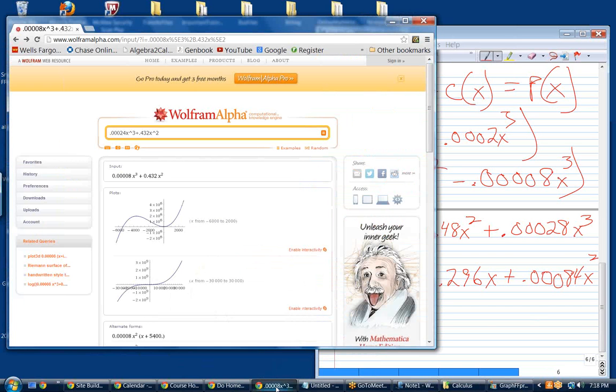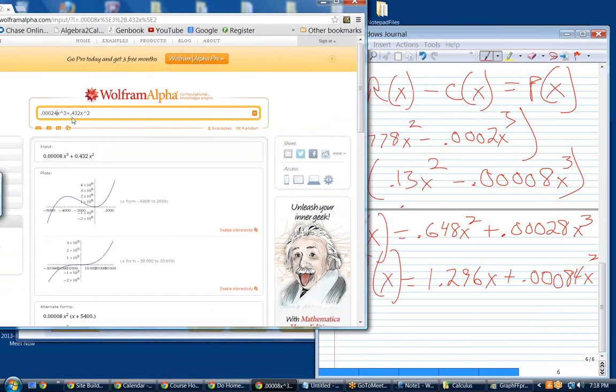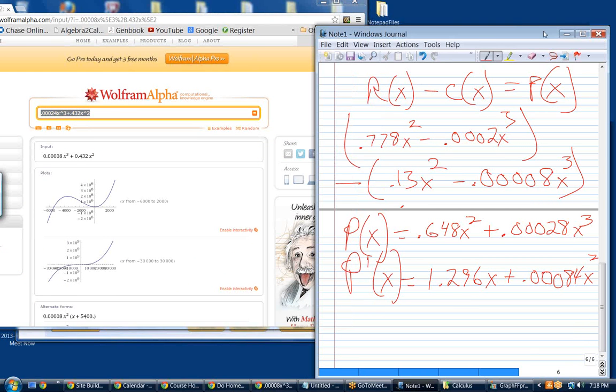Okay. Let's put in the original, the profit function, 0.648 x squared plus 0.00028 x raised to the third.